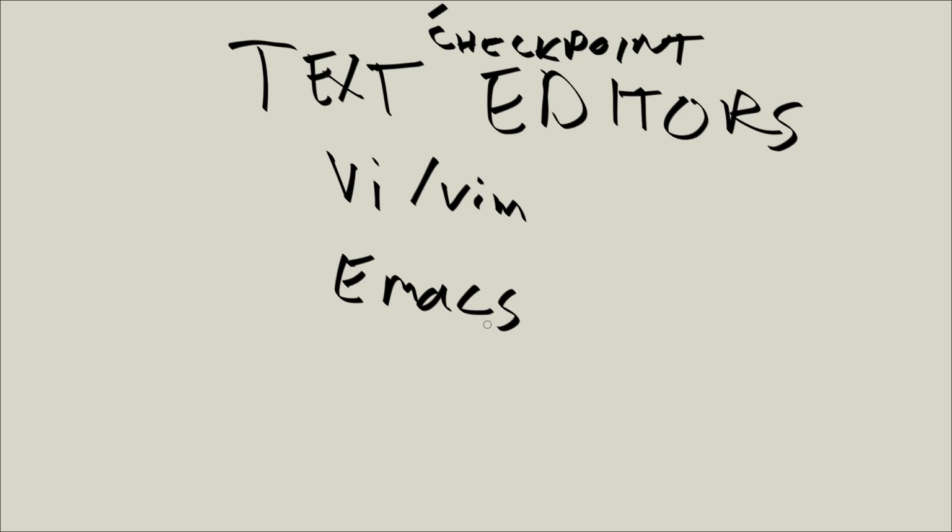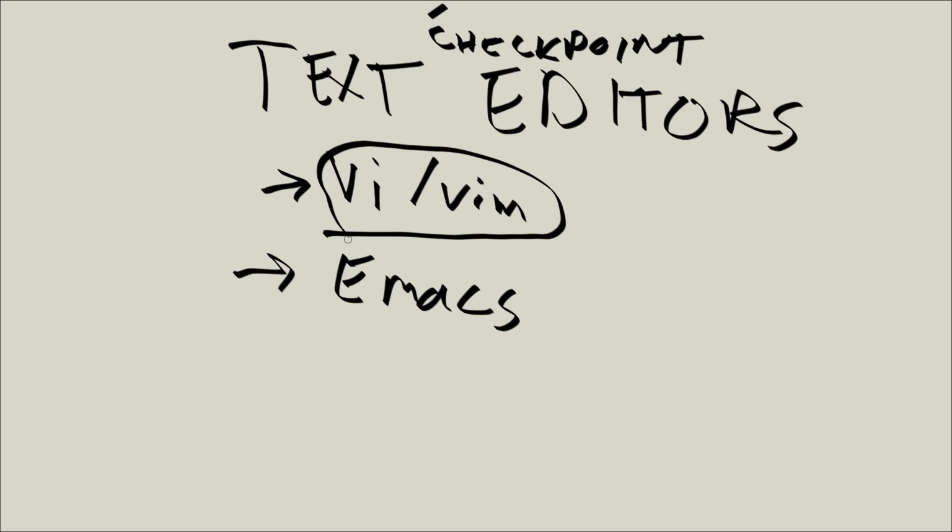This one, Vi, is going to be more beneficial for you to learn, because Emacs actually doesn't come supplied on most computers. You have to install Emacs on the computer before you can use it. However, Vi is available everywhere.